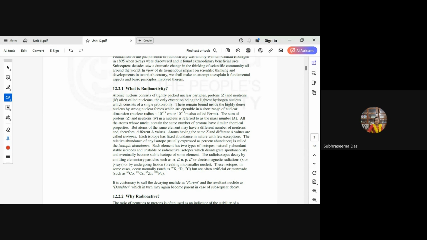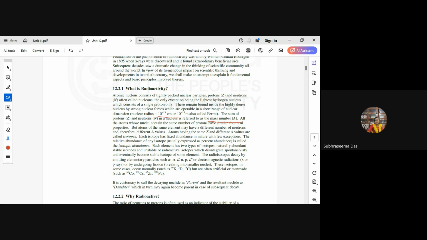These nucleons remain tightly bound inside the nucleus by strong nuclear forces, which operate in a short nuclear range, with the nuclear radius on the order of 10 to the power minus 15 m, that is called 1 Fermi. The sum of the protons and neutrons, that is N plus Z, in a nucleus is called its mass number, which is represented by A.